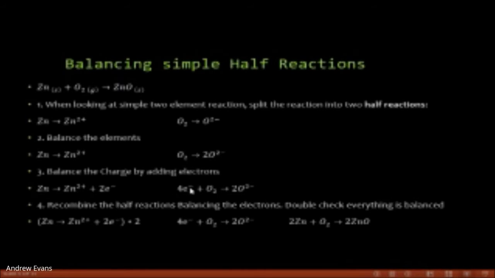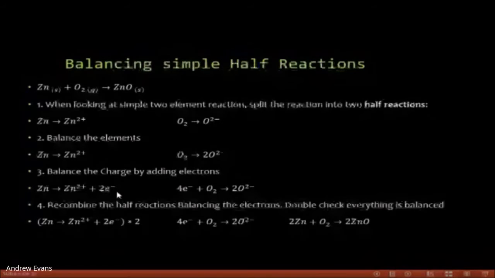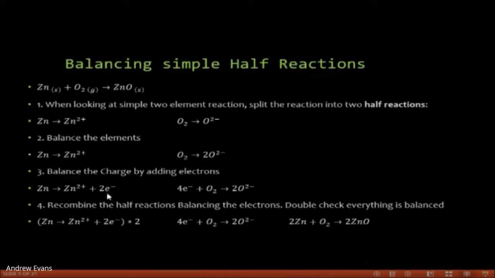Now, when we combine these back together, the total number of electrons on both sides has to be equal. If this has 2 electrons and this has 4 electrons, we have to double the zinc. So you have 2 zinc plus 4 electrons, and 4 electrons.